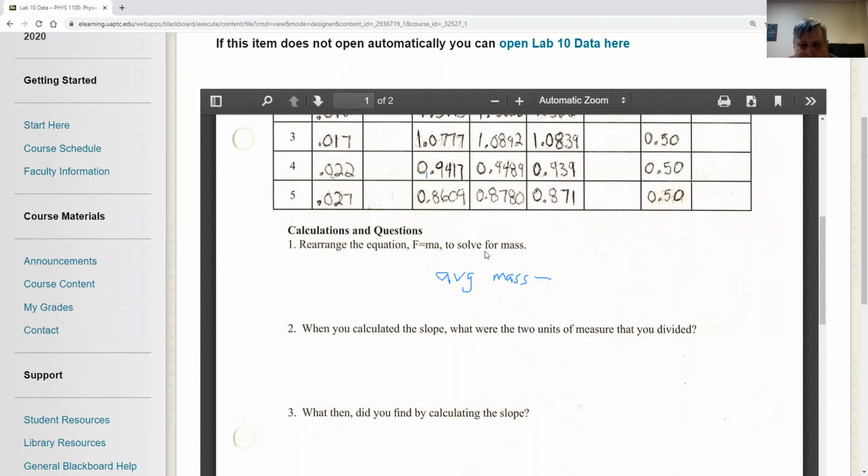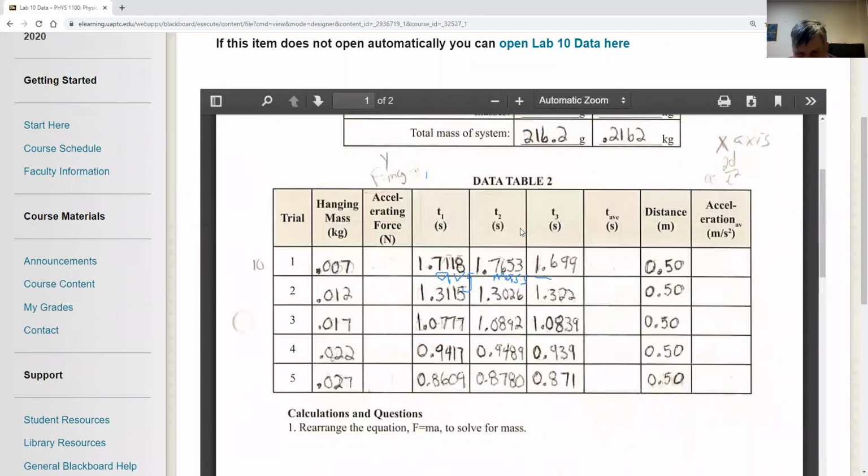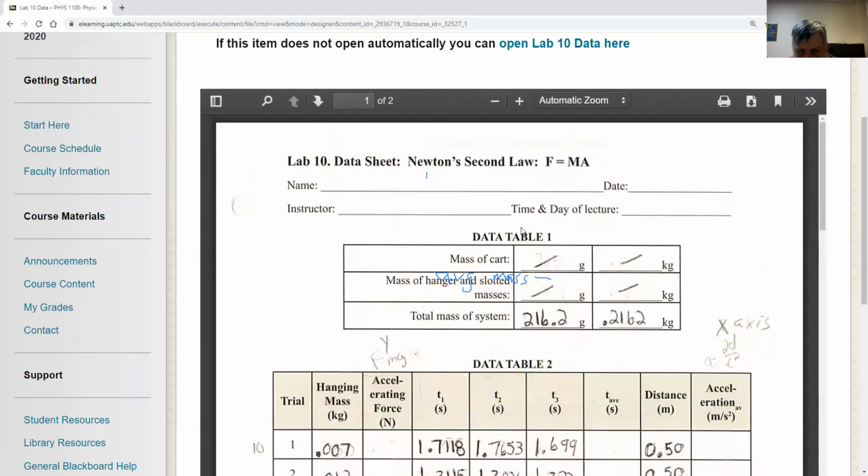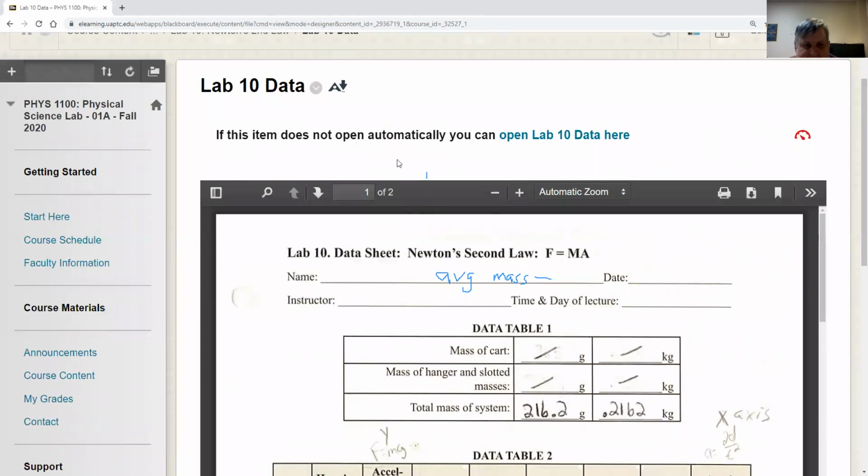So you get the masses for each row, you're going to then average those, and you're going to take that average mass minus what the mass should be, which is 0.2162.